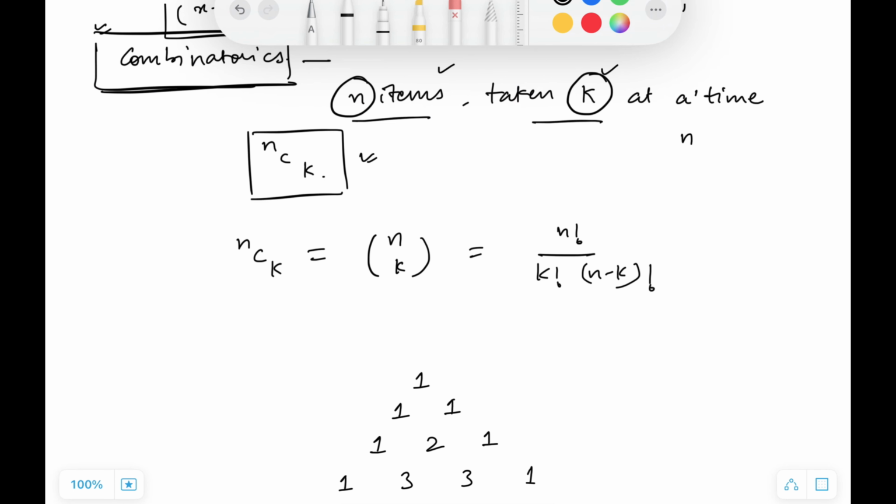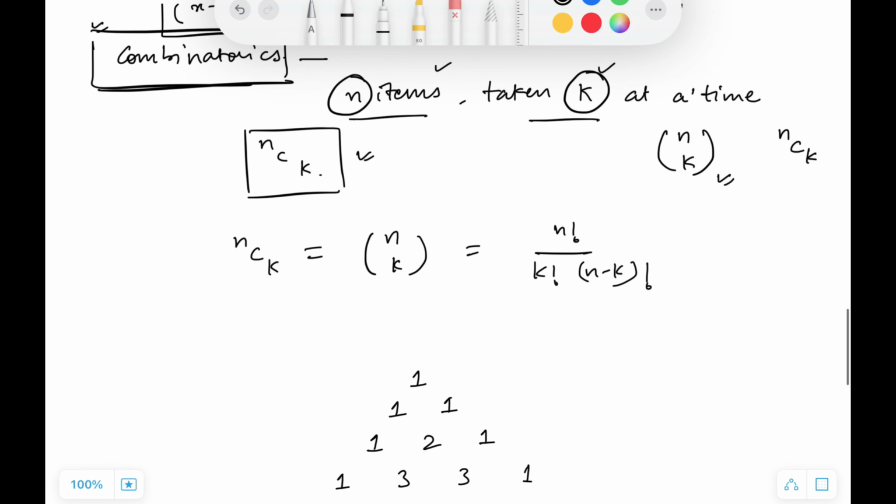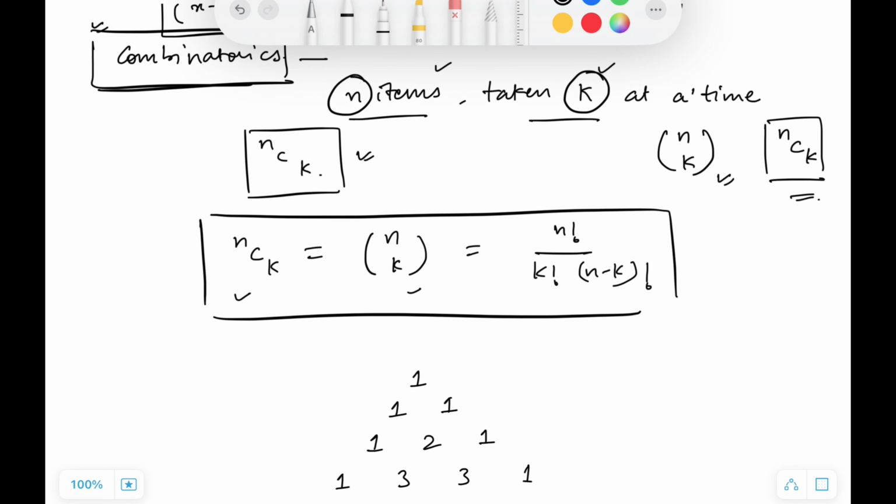So nth row and kth entry, whatever the value present at this item, this is actually NCK. So this is the application. Now NCK is equal to the nth row and kth entry from the Pascal triangle, and this is the formula we already know: n factorial divided by k factorial times n minus k factorial.